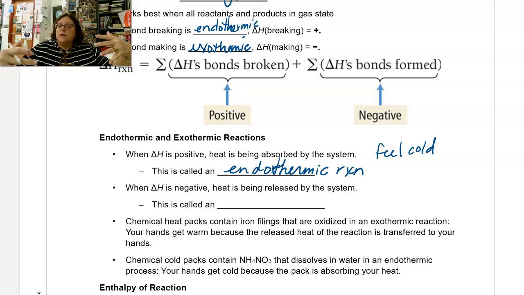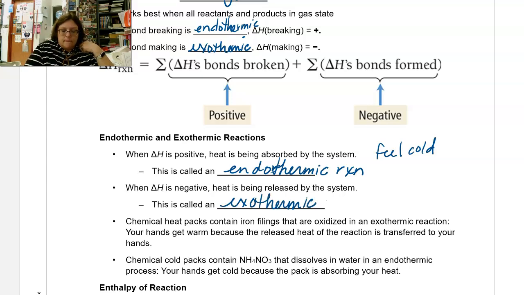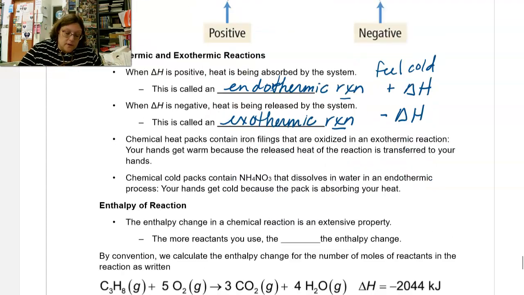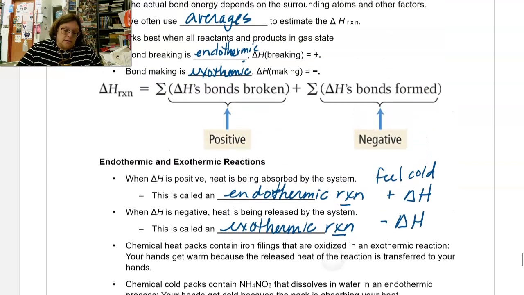The energy was going into the ice to melt the ice, and it was able to melt the ice because of the salt. So the ice cream was exothermic. I use RXN to stand for reaction. Endothermics are going to have positive delta H's. Exothermic is going to be a negative delta H. A breaking bond is endothermic because bond breaking energies are always positive. Bond forming is negative.